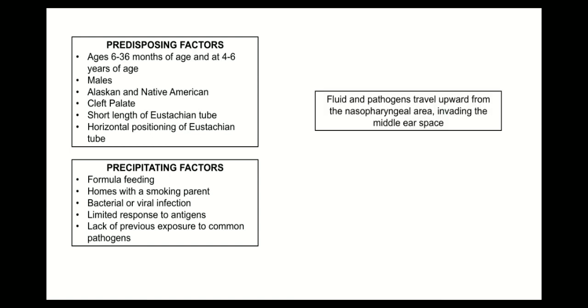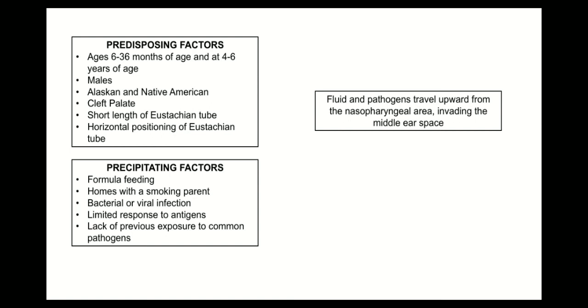Formula feeding, because the position while the formula-fed baby is with the mother is more slanted, which allows milk to enter the eustachian tube, leading to this disease. Then we also have homes with a smoking parent, a bacterial or viral infection, limited response to antigens, and also a lack of exposure to common pathogens.